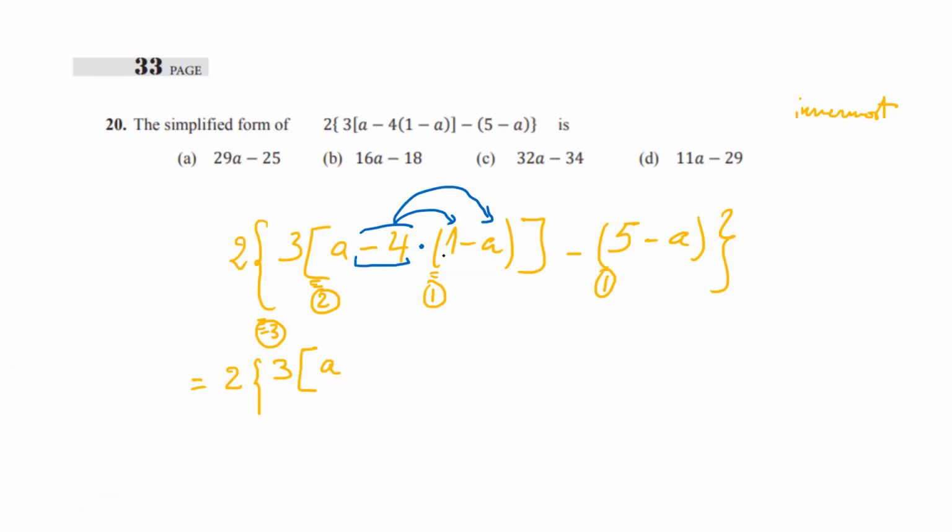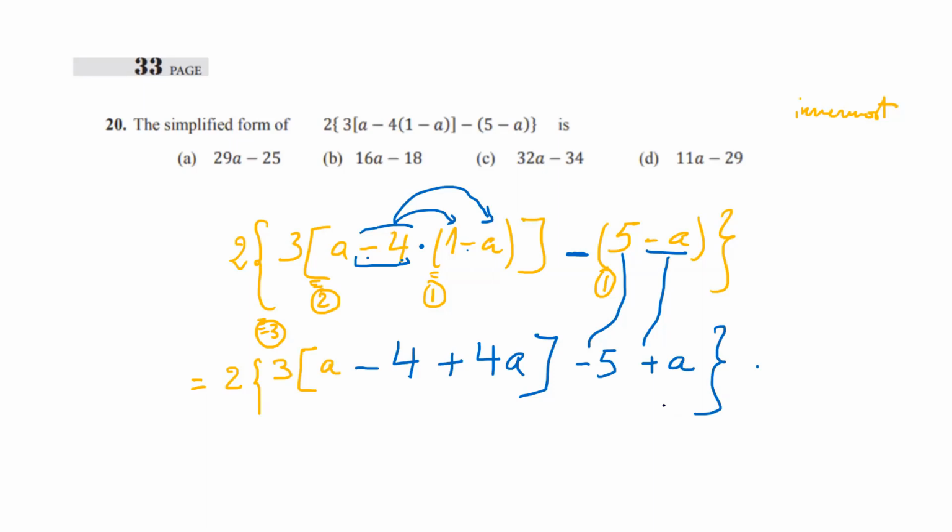Negative times positive, that means minus. 4 times 1 is 4. Then minus times minus is plus, 4 times a, 4a, and we remove the first type of parenthesis. Here in front of it we have minus. A minus in front of parentheses changes all the signs inside. Because this was plus, it becomes minus 5. This was minus, it becomes plus 8.